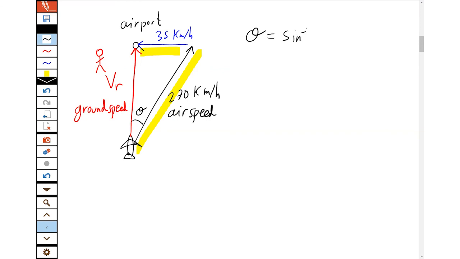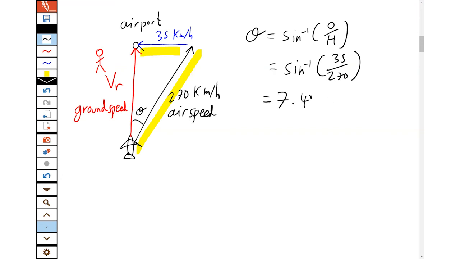So the inverse sine of the opposite side over the hypotenuse is the inverse sine of 35 over 270, which gives us 7.4 degrees east of north. Don't forget to put down your direction once you just draw an angle. 7.4 degrees, what? East, west, north, or south? You know, always draw and write down what it actually is.